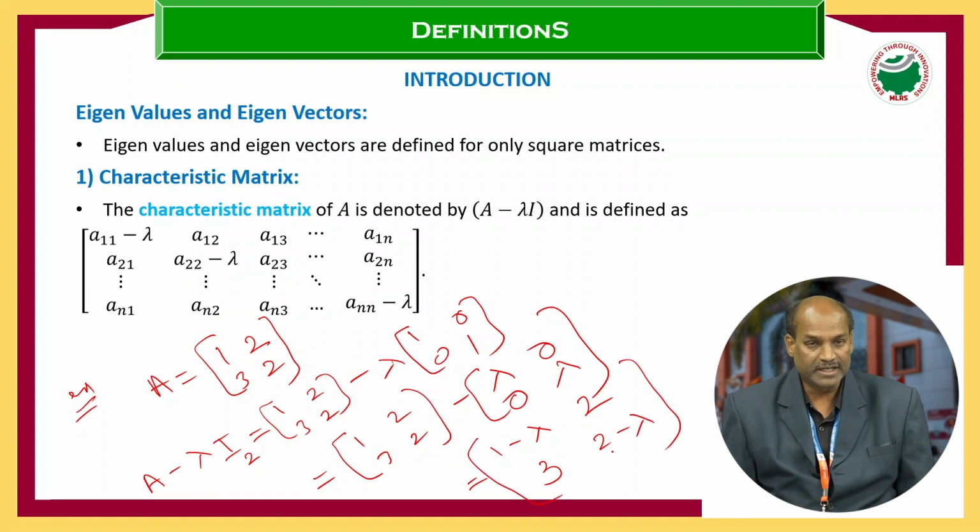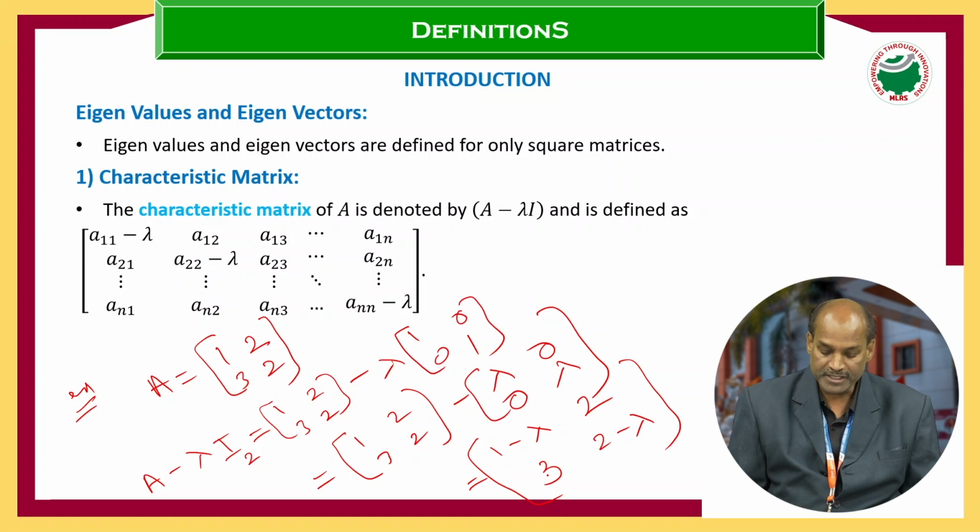Now what is this? It is again a matrix. This matrix is called the characteristic matrix of the given matrix A. When you observe the A matrix and this matrix, we can say that we got this characteristic matrix by subtracting lambda from the diagonal elements.